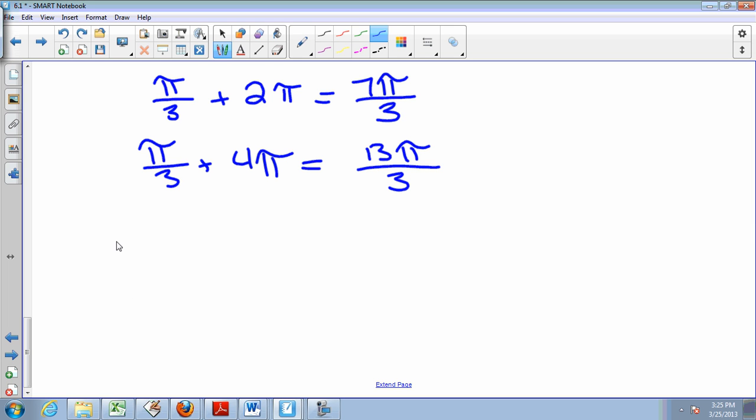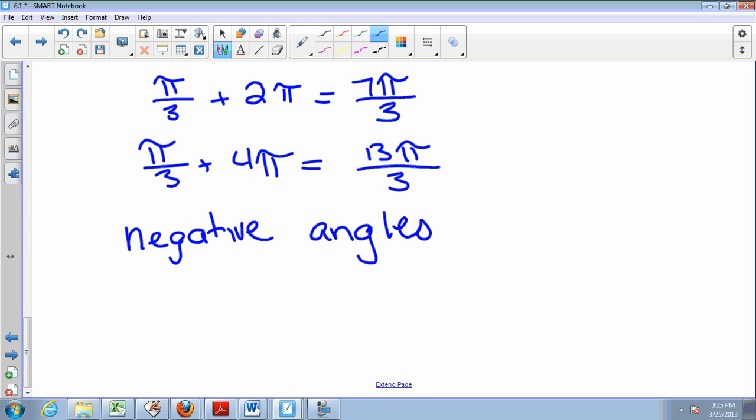If we wanted the negative angles, we subtract multiples of 2 pi.